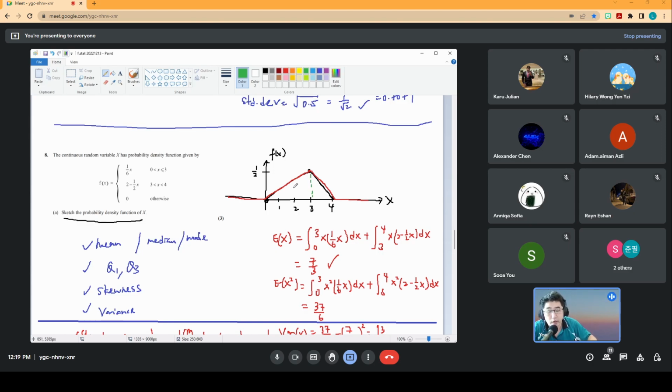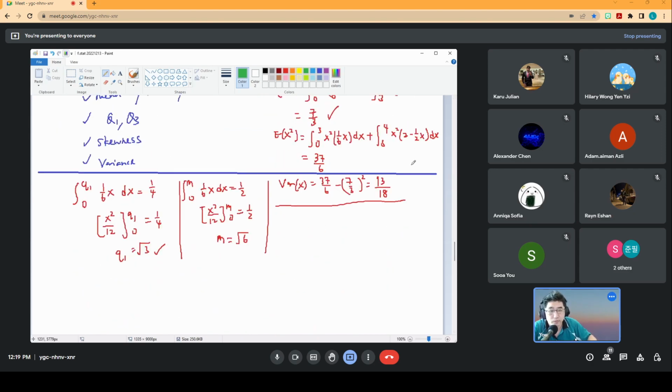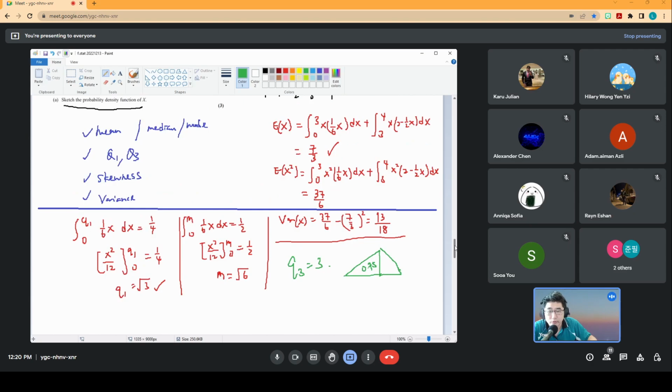If you calculate the sections, this is already 0.75 and 0.25. So Q3 is automatically 3. Okay, anything else that we can observe?